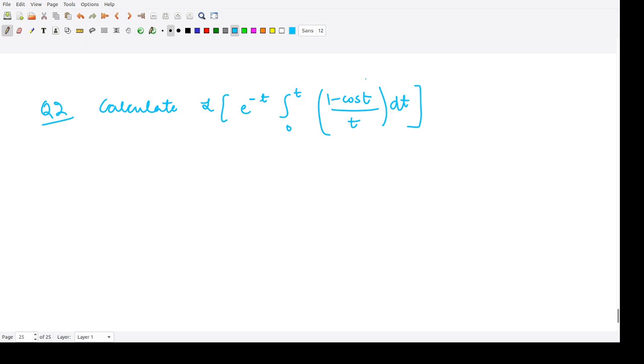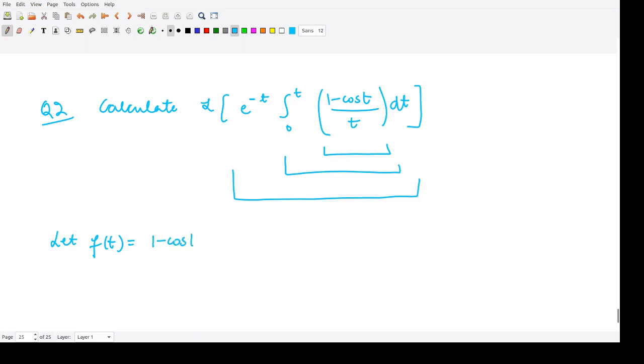Firstly we will evaluate the Laplace transform of this term, then we'll perform the integration of that term, and then we'll apply the shifting property to calculate the Laplace of this whole term. So initially, let f of t be equal to 1 minus cos t divided by t. That means what would be its Laplace transform?